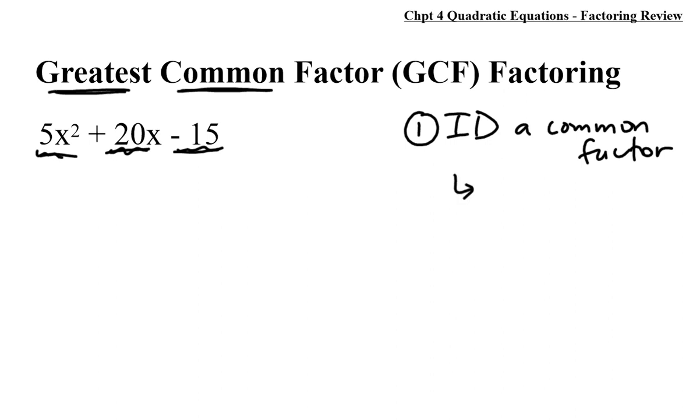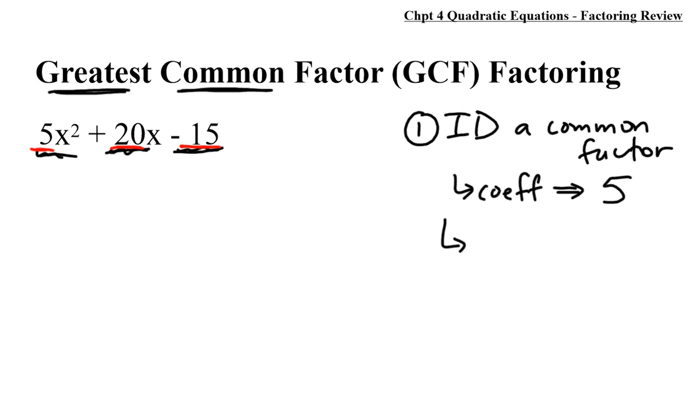So for the common factor, we have to consider the coefficients, the numeric parts. So we want, in this case, 5, 20, and negative 15. What's the greatest factor that'll divide into all of those? Well, in this case, the coefficient would be a 5.